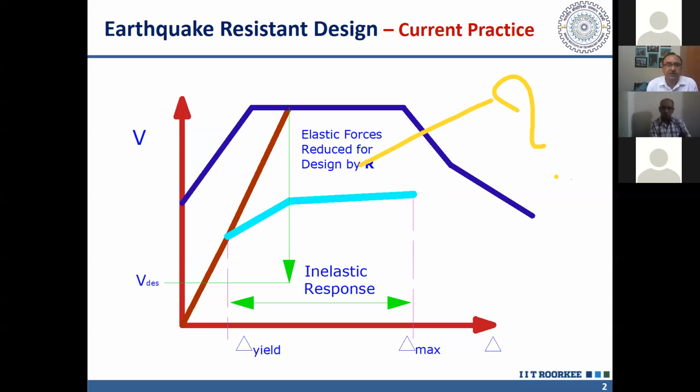structure. So for example, in this figure, you see this blue curve at the top. This is representing the demand, which is nothing but response spectrum.